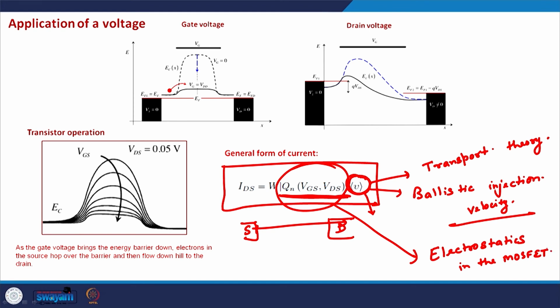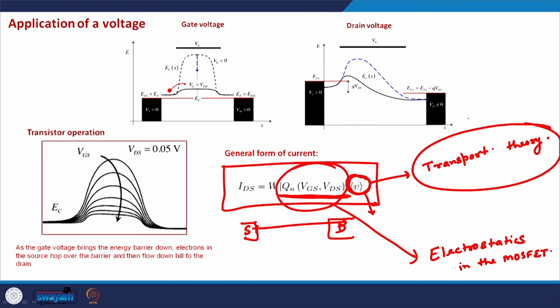Okay. So essentially, in order to understand MOSFET physics, in order to understand the electrical characteristics of the MOSFET, we need to understand the electron transport through the system, and we need to understand the electrostatics in the system.